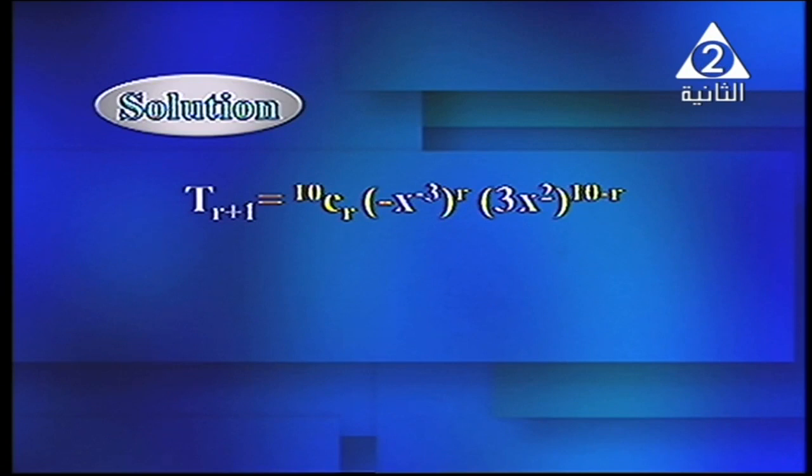If we have the general term T(r+1) equals 10Cr, where 10 means n, with the second term to the power r and the first term to the power 10 minus r. Then the general term T(r+1) equals 10Cr times (negative x^(-3)) to the power r, times (3x^2) to the power 10 minus r.